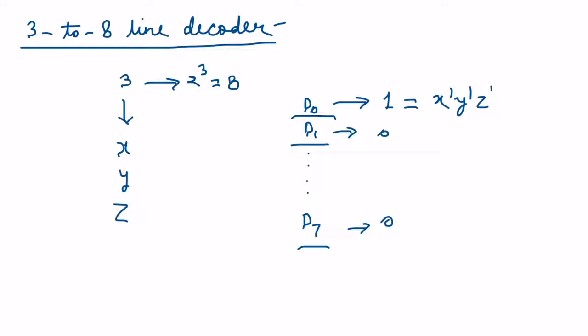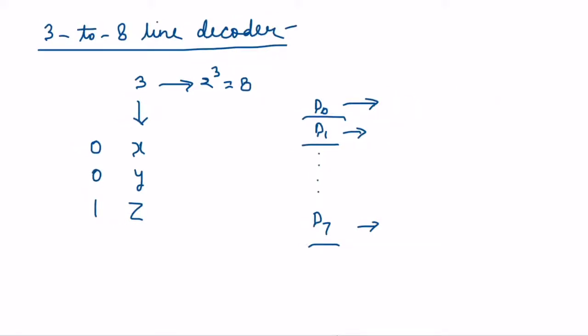Similarly, if the input is 0, 0, 1, then the output line corresponding to D1 must be high and all other output lines will be 0 except D1. So D1 can be represented by the minterm x bar, y bar, z. The input bit which is 0 is represented in complemented form, and the input bit which is 1 is represented in uncomplemented form.